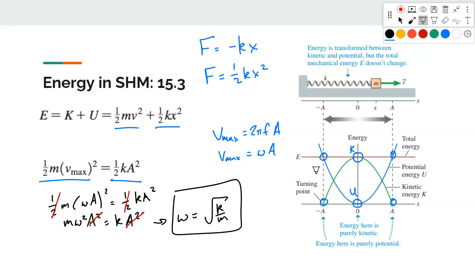It's just a crystal lattice vibrating, but it follows the same formulas. So something like the stiffness of the atomic bonds over the mass of the atoms in the lattice, if you take the square root of that ratio, gives you the angular frequency of that oscillating quartz system. So it's a very similar idea.